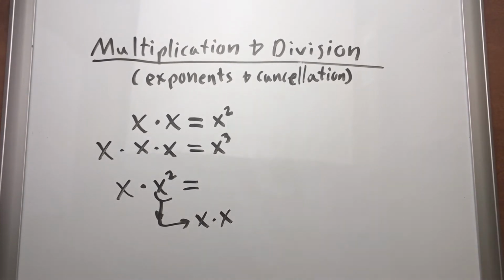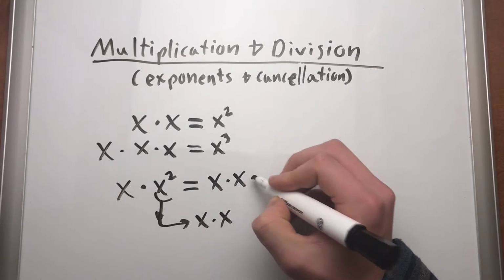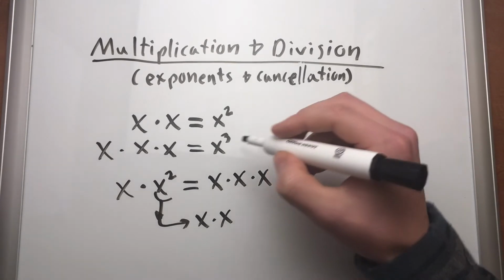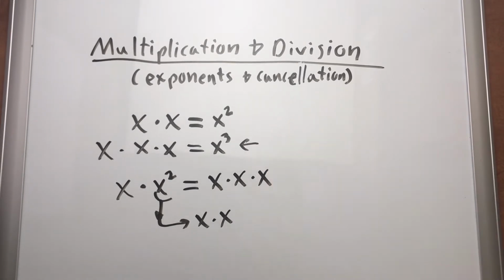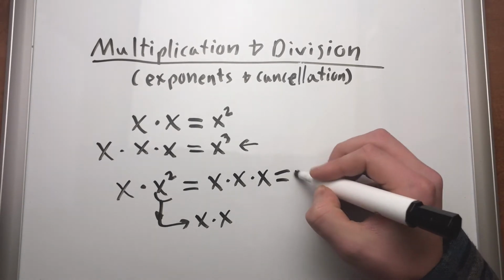So this expression is the same thing as x times x times x. And as we showed here, x times x times x is equal to x cubed.